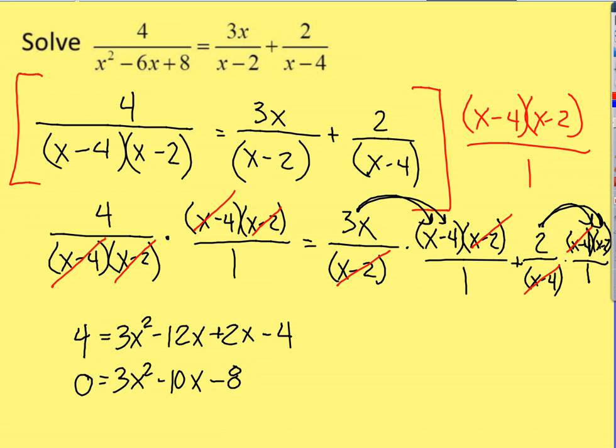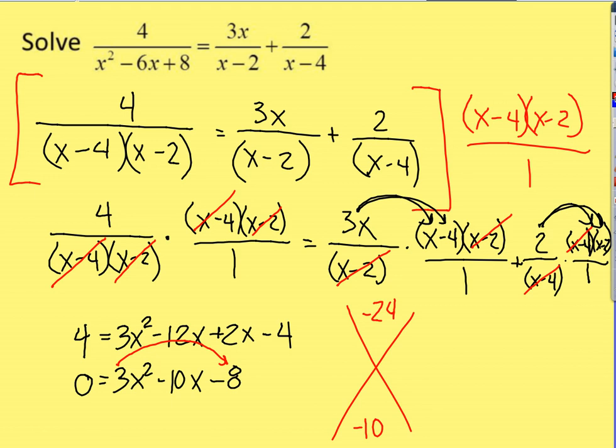Now we need to factor this. We do need to notice that we do have a value out in front of our x squared. So 3 times negative 8 is going to give us a negative 24, and we have a negative 10 in the middle. So we need to see what can multiply to get negative 24 that will add to give us negative 10.